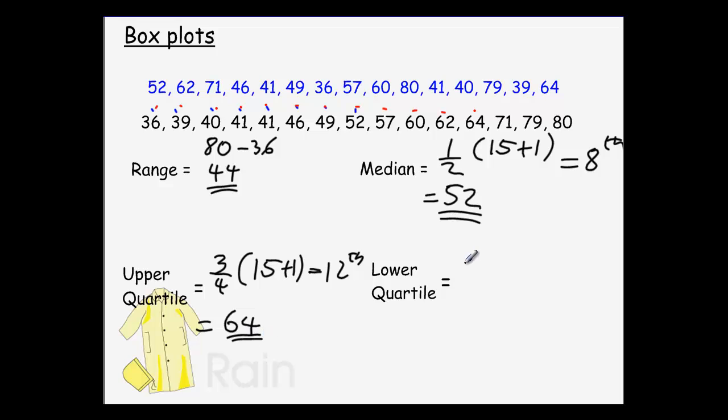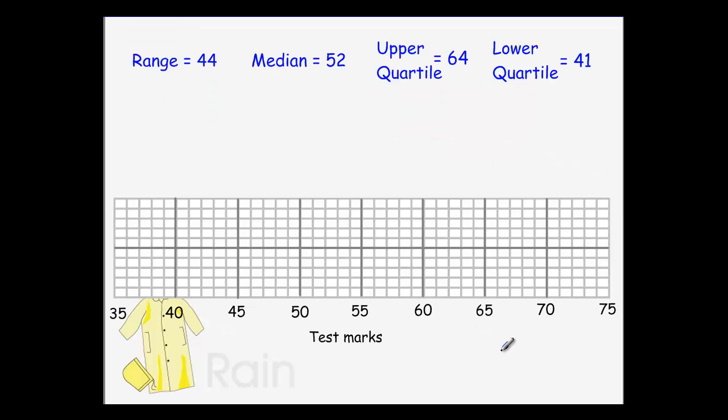And the lower quartile is 1/4 of 15 plus 1, which is the 4th piece of information, which, counting along, 1, 2, 3, 4, is 41.